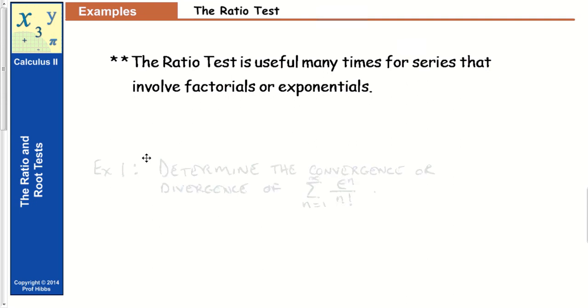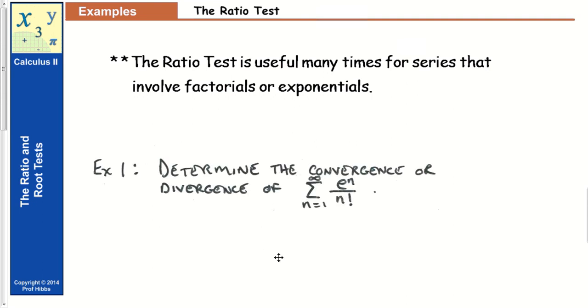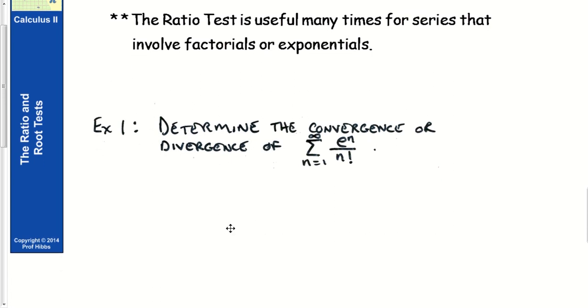In fact, this very first one's a good example of that. We have an e to the n power, that's an exponential, and we have an n factorial, that's a factorial. So we should be somewhat familiar in the future that if we see this type of series, the ratio test is a good test to try.